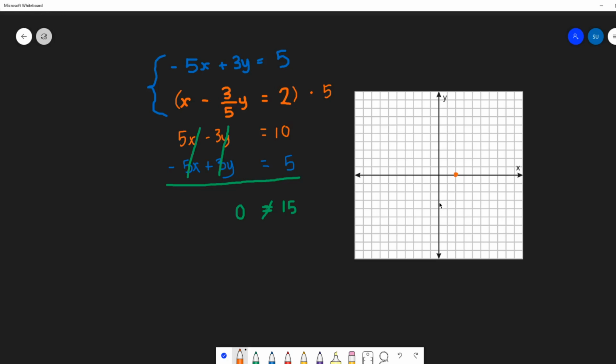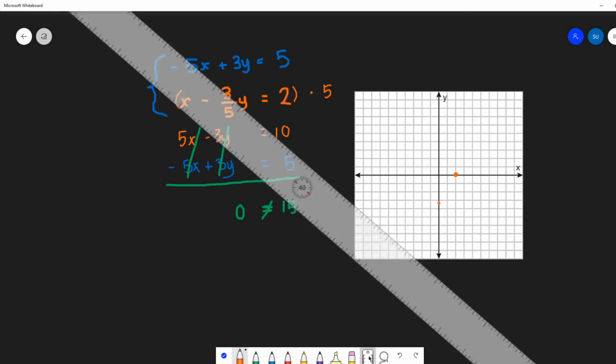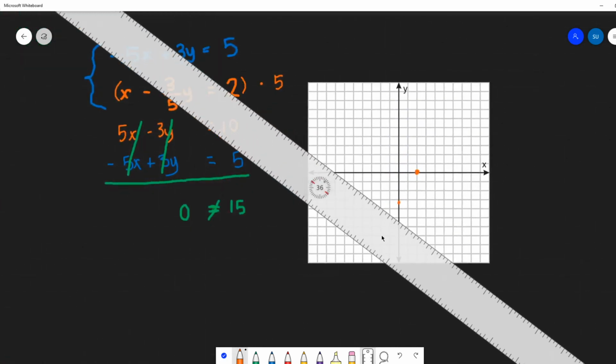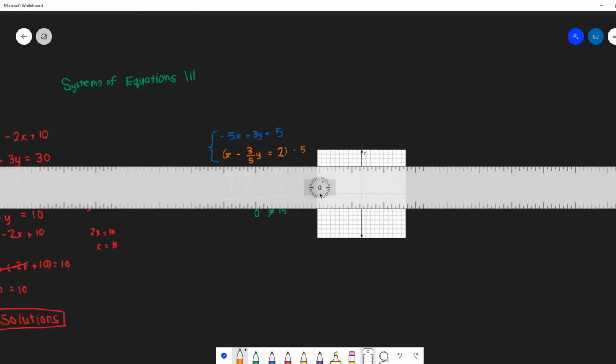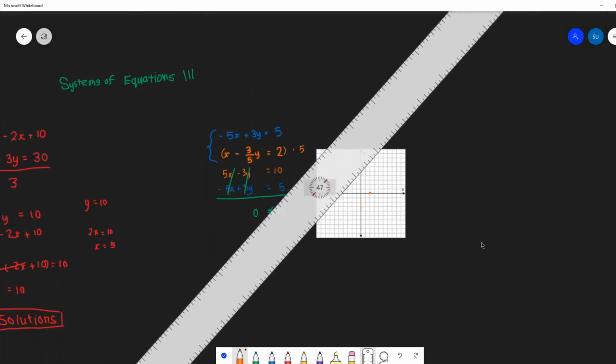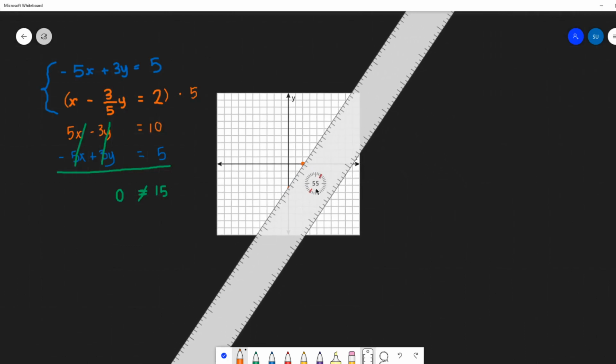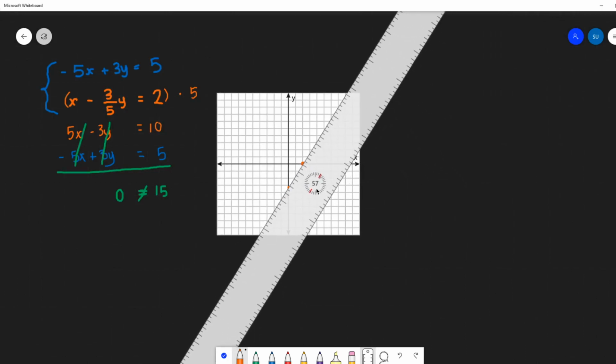So that would be right here. And then plotting that line, oh my goodness, it's really a pain to use this ruler. So now we can connect the orange dots and make our straight line.